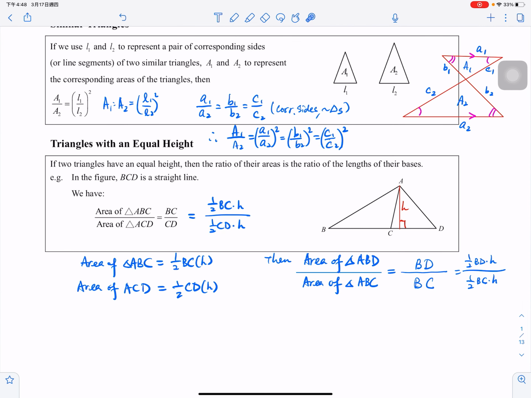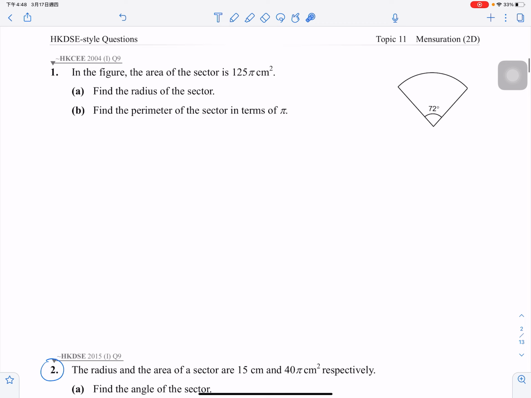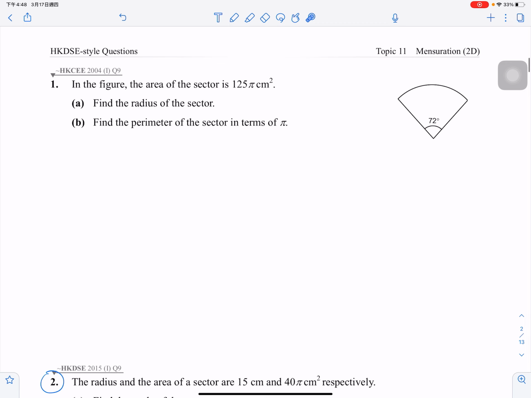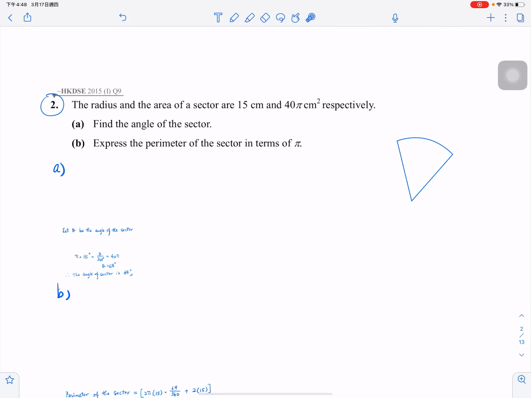Understand? Okay, let's see some examples about arc length and area. In these notes, try question 1 by yourself, and I will discuss this question with you. This question seems like DSE 2015, question number 9. You can finish this one and then try that year's question number 9.